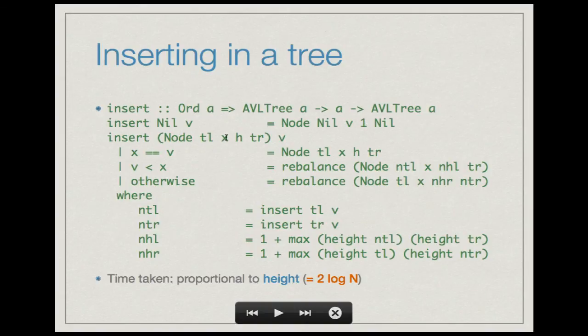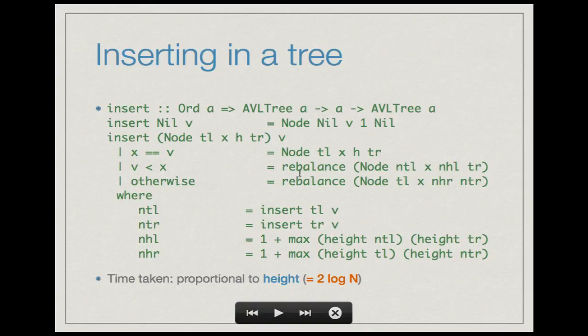Insert v in node tl x h tr is as usual. If x is equal to v, then you don't need to do anything, so you return the tree itself. If v is smaller than x, then we have to insert v in the left subtree. So we do a rebalance after we insert v into the left subtree.